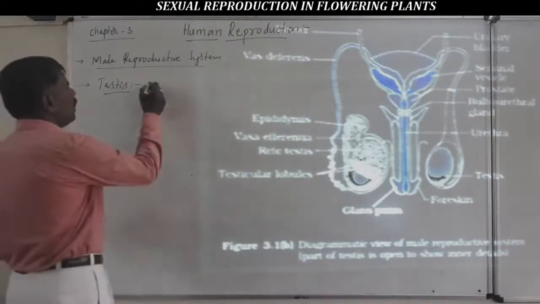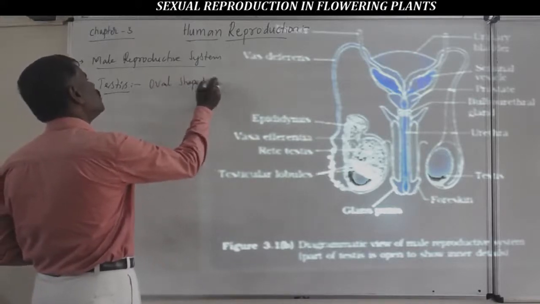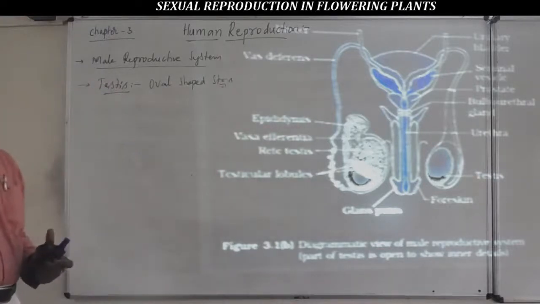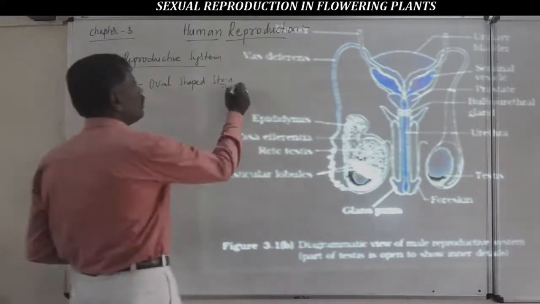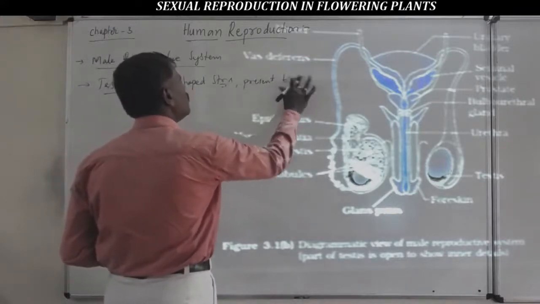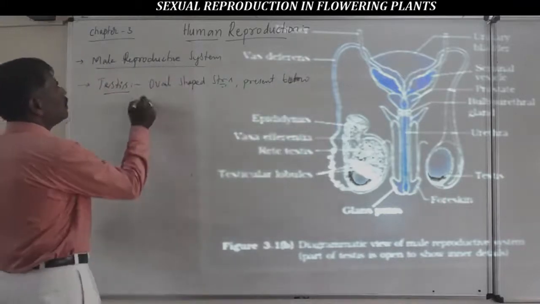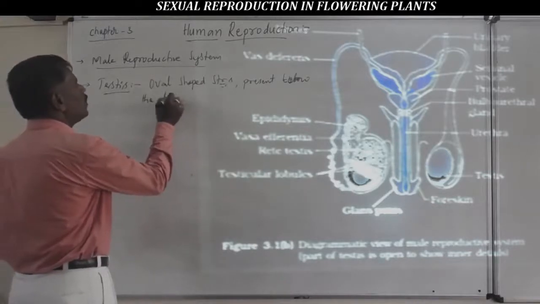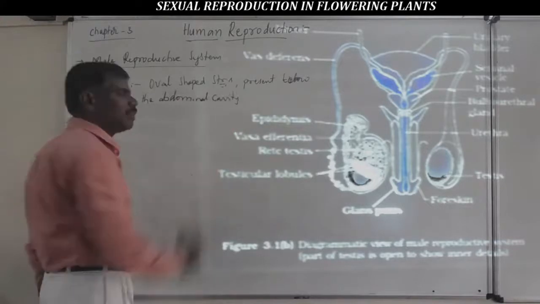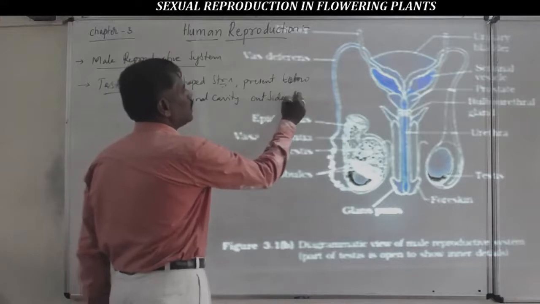Testis is an oval shaped structure present below the abdominal cavity, that is, outside the body.